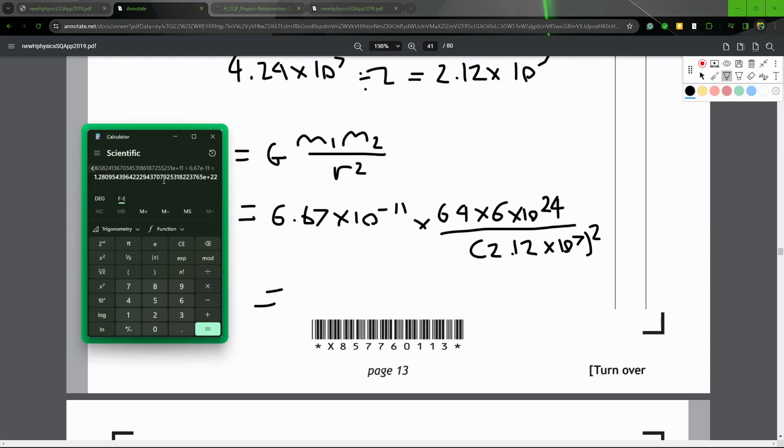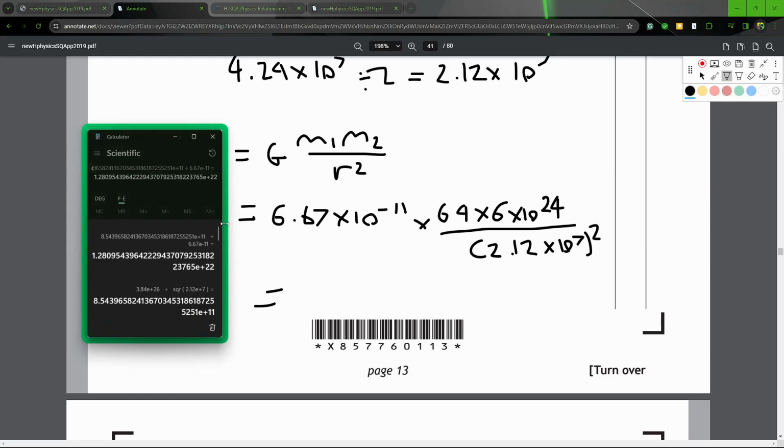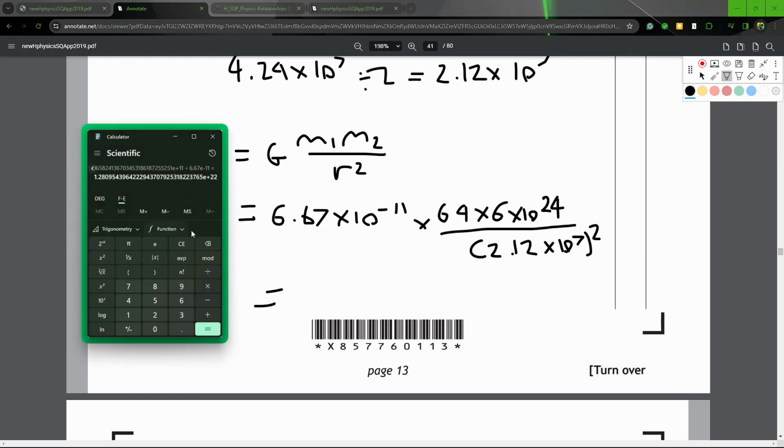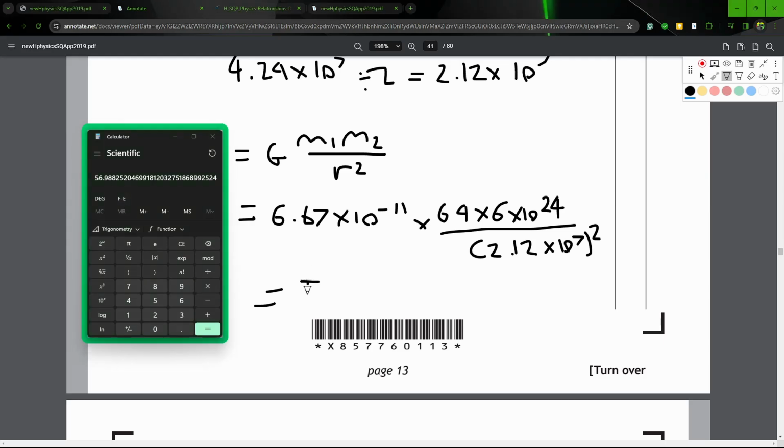Ignore the fact that I just divided by the gravitational constant instead of multiplying by it. Right, try that again. And there we go, we'll put it out of scientific form. And oh, look at that, it's 57 newtons. So then you can say force is exactly the same.